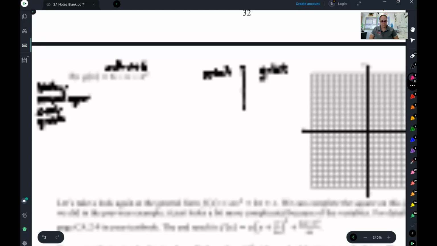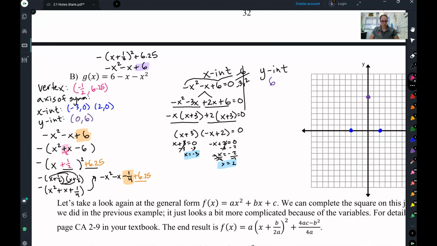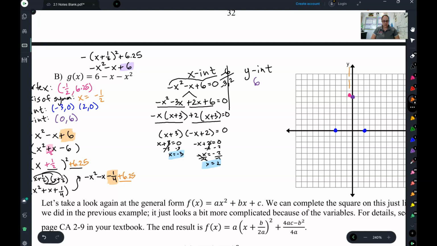So I graph that. My vertex is negative 1/2, comma, 6.25. And my axis of symmetry is the x value on my vertex. So it's down negative 0.5. And now I have enough to draw my parabola.